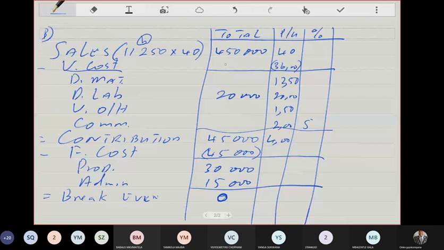Then if you say 450,000 minus 405,000, it takes you straight to that contribution of 45,000, then minus the fixed cost of 45,000, you've got 0. That is your break even. So these are the units, and this is a value 450,000. So we're done with the second requirement in the question.